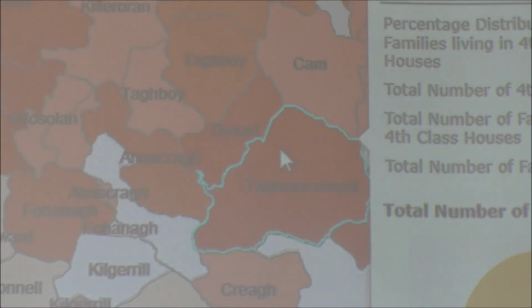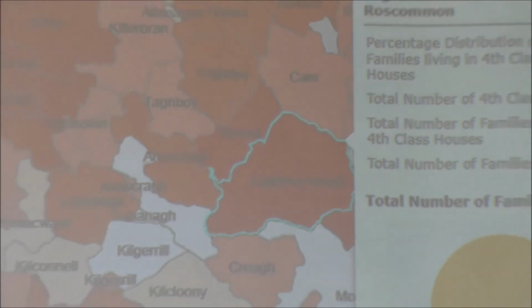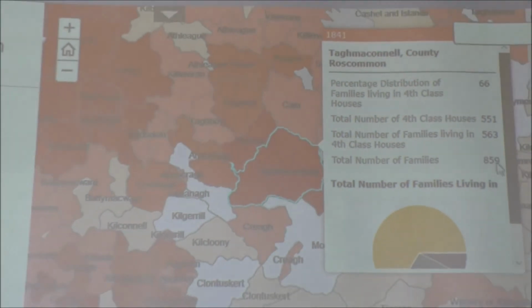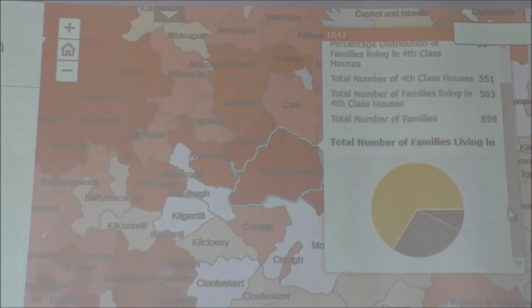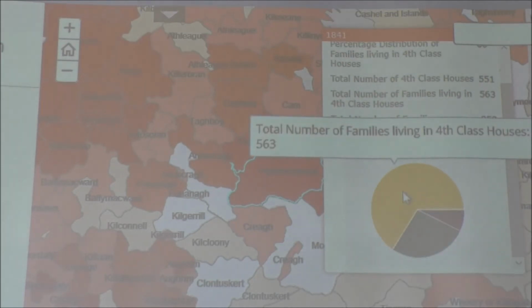If you click on a civil parish, again you get your statistical breakdown, and you have your pie chart at the bottom. The yellow areas, if you float over them, show that for this civil parish you had 563 families living in fourth class accommodation.